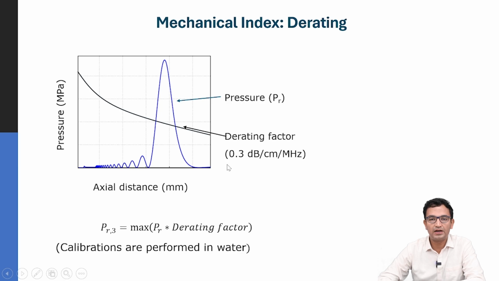So if we choose the attenuation coefficient as 0.3 dB per centimeter per megahertz, then based on this factor we can see how much the beam weakens because of this attenuation in the location relative to the pressure that is measured in water. So after this derating factor is applied, we get a good approximation of the pressure in situ in vivo, and then we divide it by the square root of frequency in megahertz. That gives us the mechanical index.